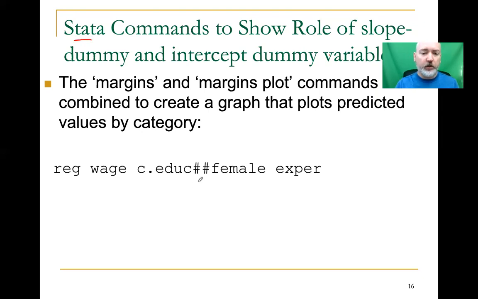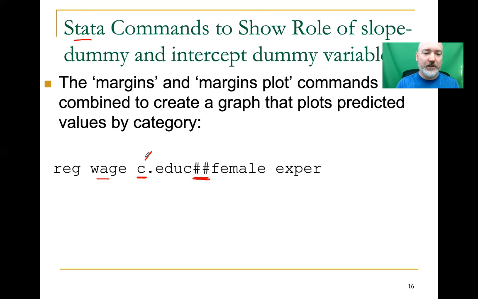The first thing we're going to show is this. The little hashtag essentially is the interaction operator in Stata. So we can get exactly the same results that we just saw by running this regression. So wage, and then on the right-hand side, instead of education and the product of education and female, we use this double interaction operator. Another thing is we have to use this c. prefix on the education variable.